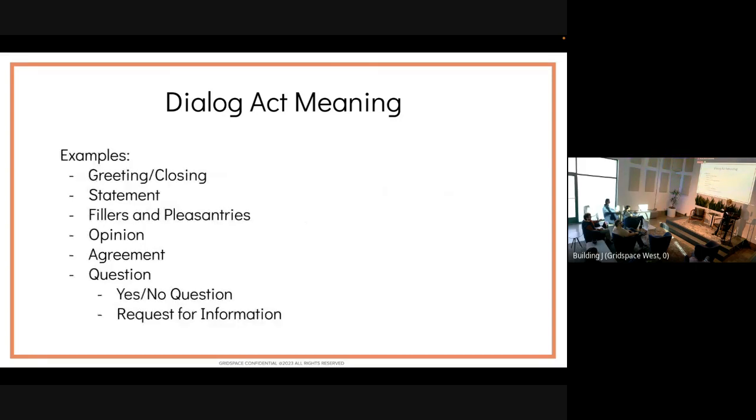Examples of this might be if I say the word hello, or if I say, how are you? We were always told when we first got to America as international students that how are you doesn't mean how are you. People don't expect a response. So in that sense, the function of the sentence, how are you, has the functional meaning of hello. It is functionally a greeting, and so the dialogue act of it is a greeting, even though you might think how are you is a question.